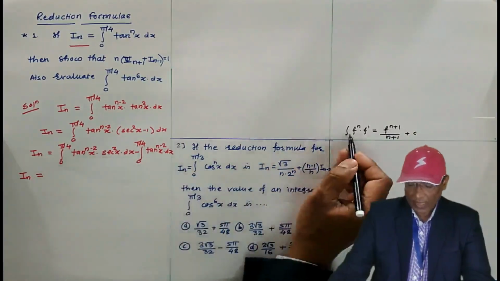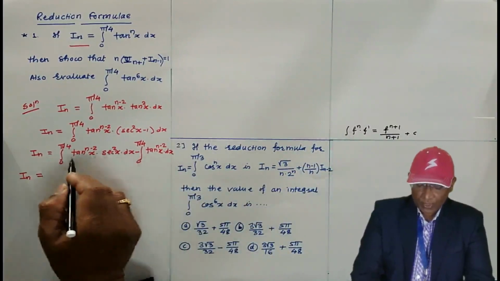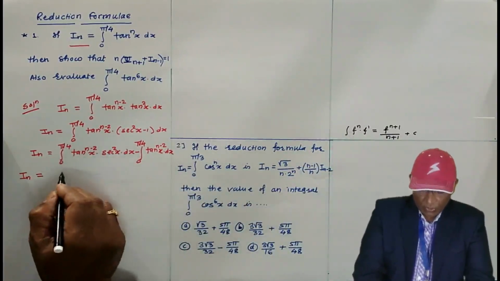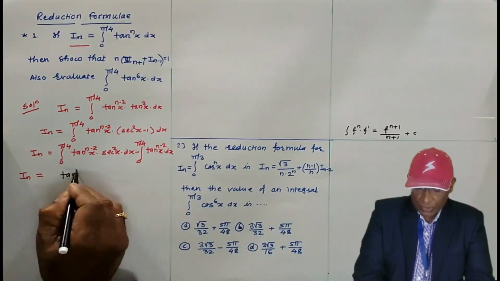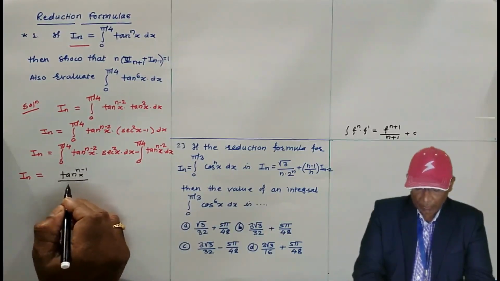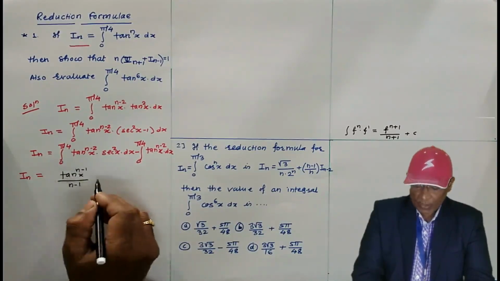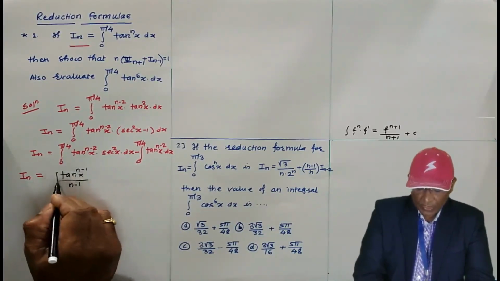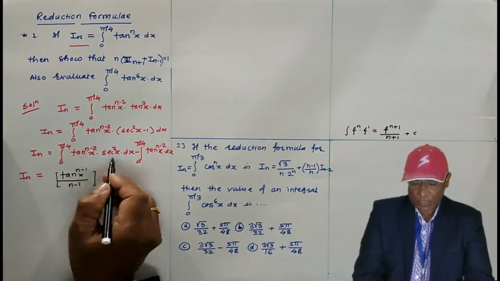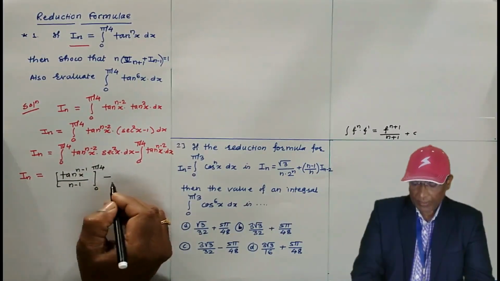In short, here f is tan and f dash is sec square. The integral of this term will be tan power n minus 2 plus 1 divided by n minus 2 plus 1, and n minus 2 plus 1 is n minus 1. So this is the integral of this function. Limits 0 to pi by 4, in this way I am writing in the bracket.